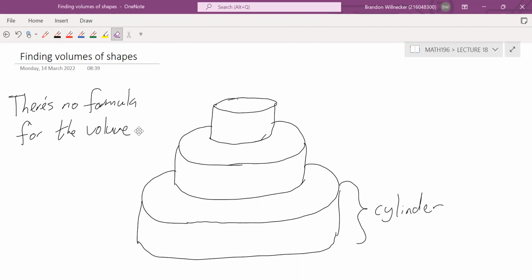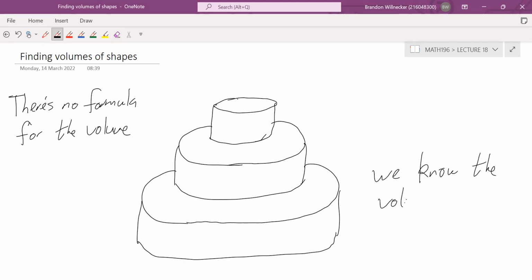So we're going to go back to this idea that the wedding cake is made up of cylinders that are stacked on top of each other. We do know the volume of a cylinder, which means we can work out the volume for each of the layers.